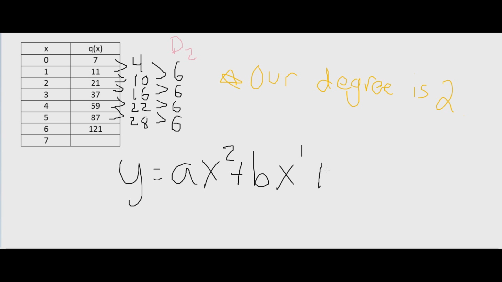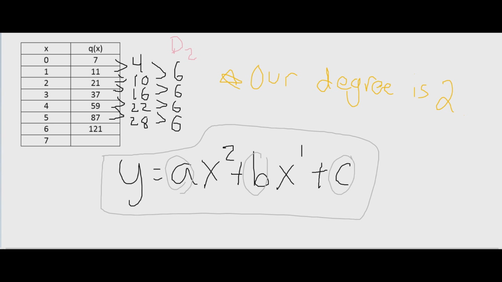And then we keep going down until we get x to the 0, so we get c times x, well, what's 1 minus 1? That's 0. But what is x to the 0? Anything raised to the 0 power is just 1. So we're going to get c times 1, which is just, yep, you got it, c. And we have made our general equation for this table. If we could find out what the a is, what the b is, and what the c is, then we would be able to find what equation matches this table here.